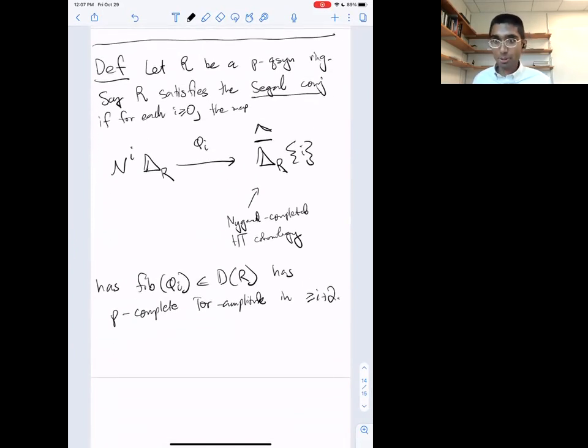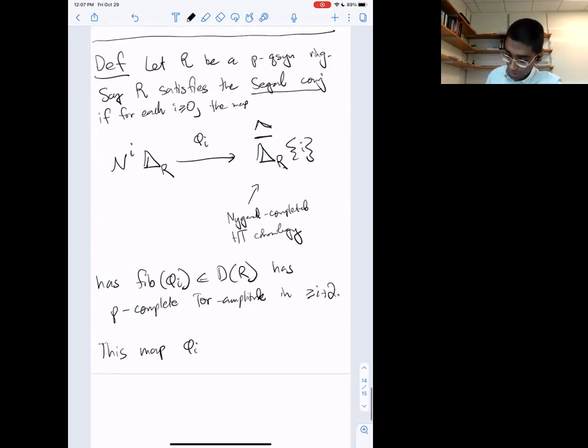Right. So maybe I should say something about the name. So in fact, this is this map. So this map phi-adic arises from the cyclotomic Frobenius.